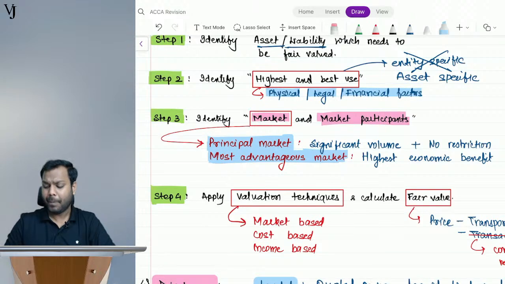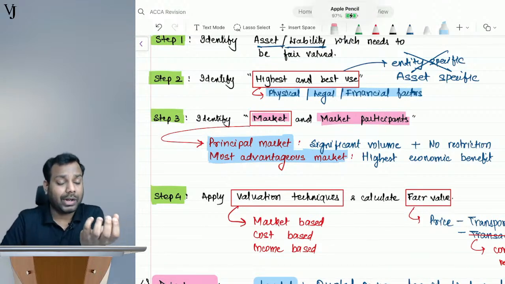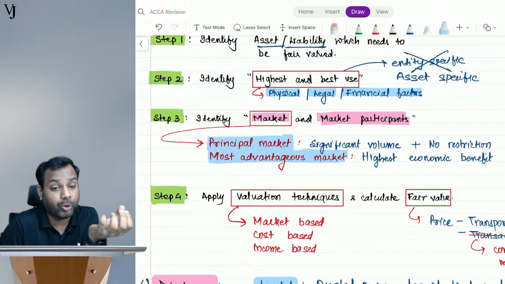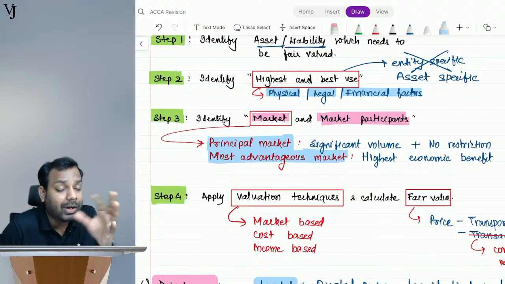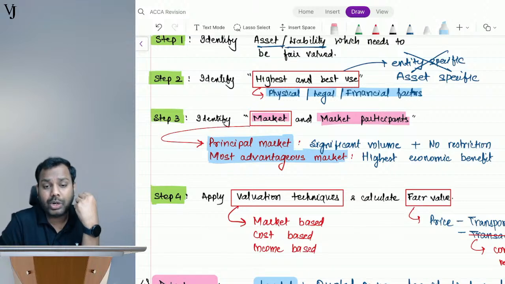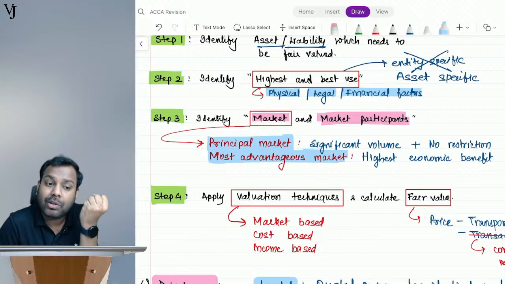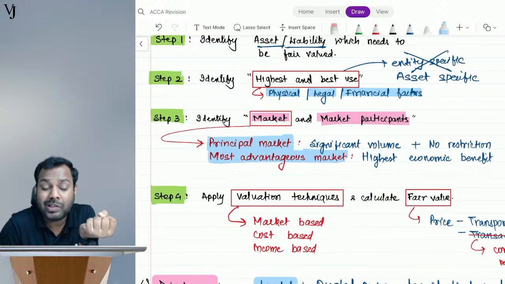Now, what is the meaning of principal market? The market in which that asset is sold in sufficient volume and you don't have any restriction to reach that market. Let's suppose for any software, Bangalore is the principal market.